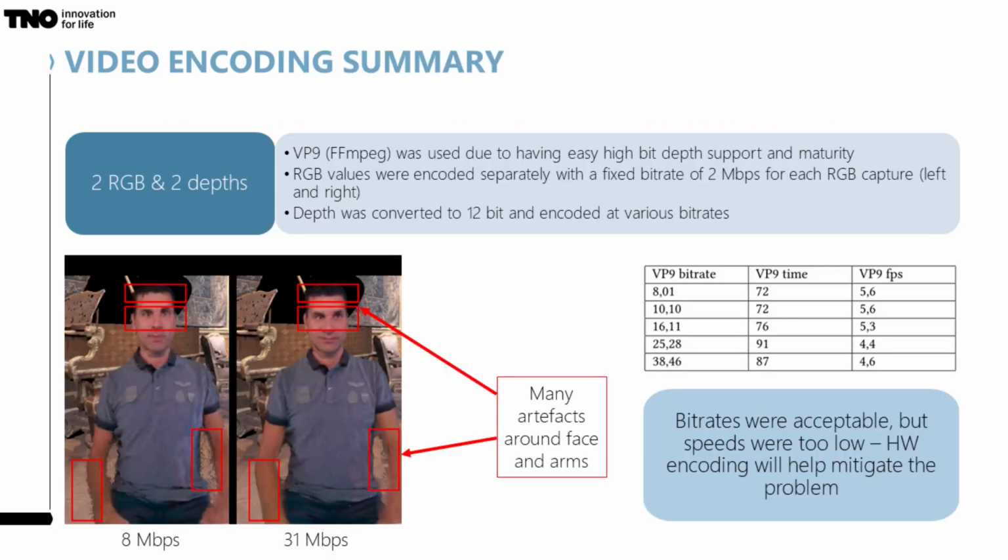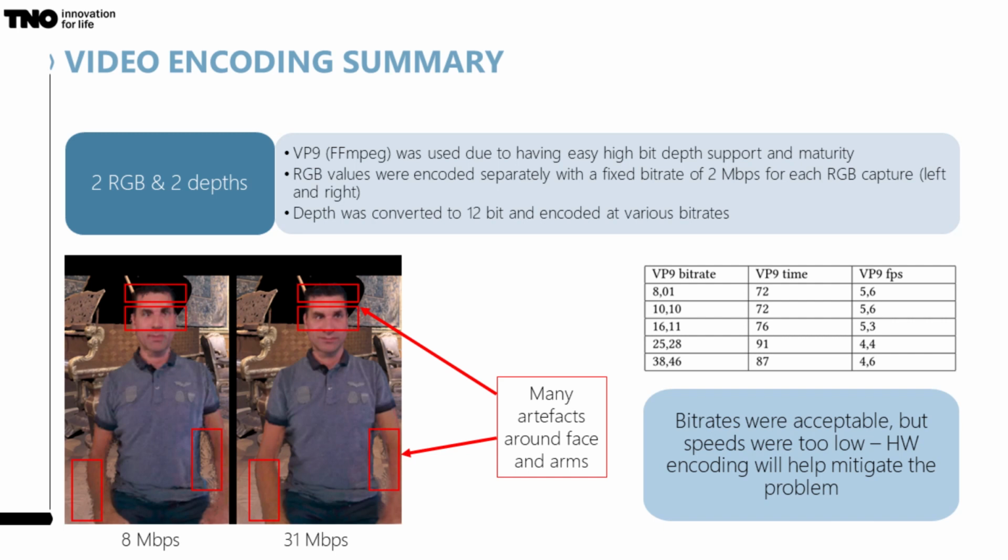So I'll quickly go over the different encoders that we've used and some of our takeaways. So in the video encoding we've used VP9 with FFmpeg, and the reason we did this was because of high bit depth support and the maturity of the encoder.